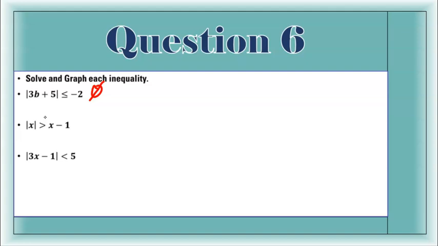But one way to check this is if I were to take this out of the absolute value, x is greater than x minus 1. Now if I were to subtract x on both sides, I now have 0 is greater than negative 1. Well, 0 will always be greater than negative 1. So this one would be all real numbers, or many solutions.